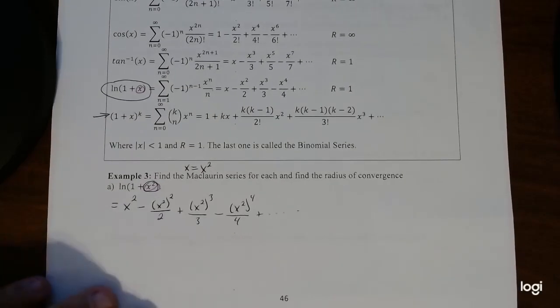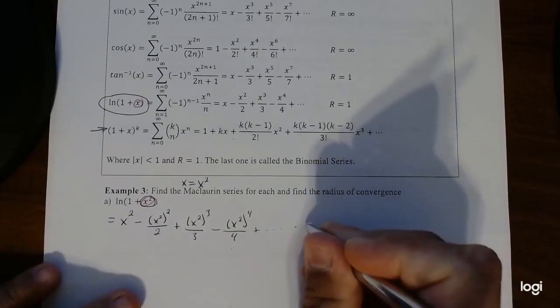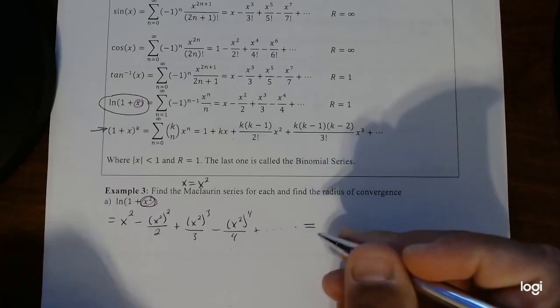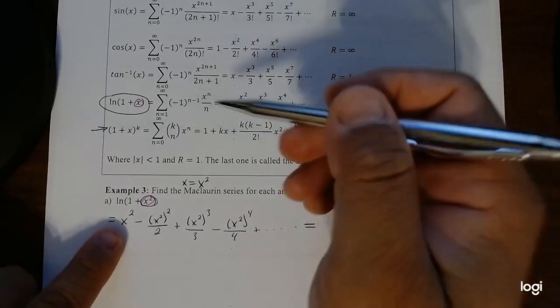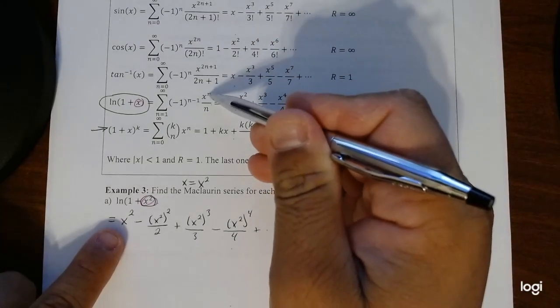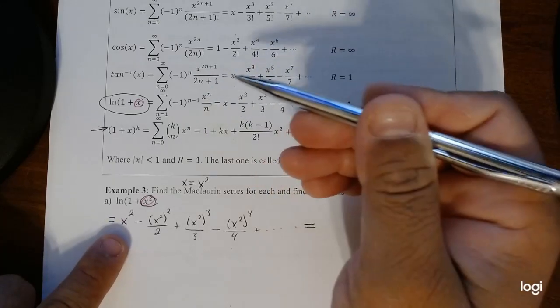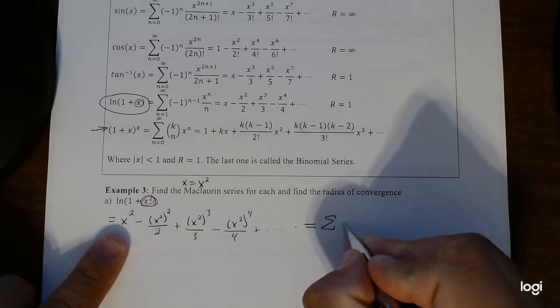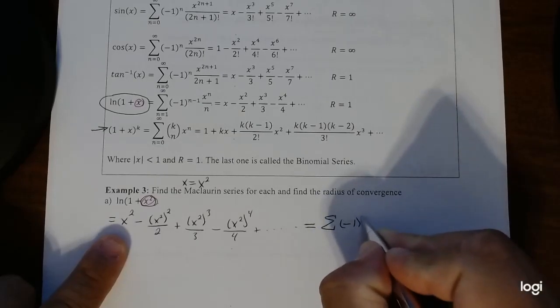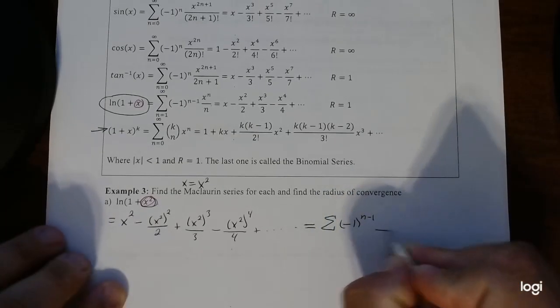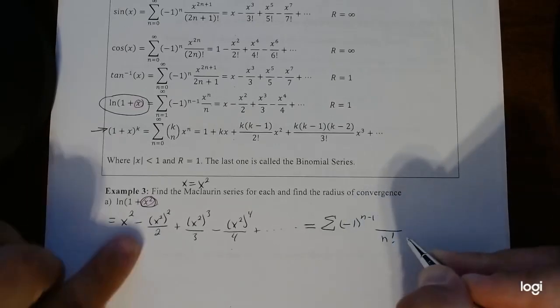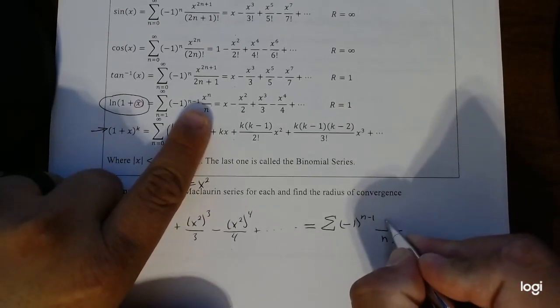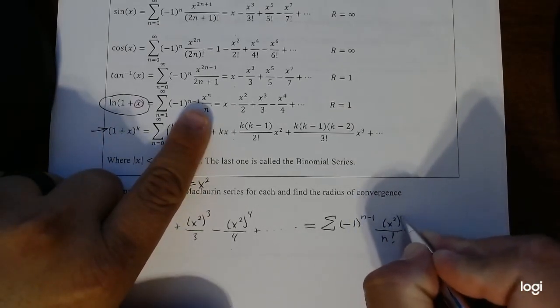So what does this series actually look like? The only thing we changed is instead of x to the n, it is now x squared to the n. So this ends up being the sum of negative 1 to the n minus 1 over n, with x squared to the n.